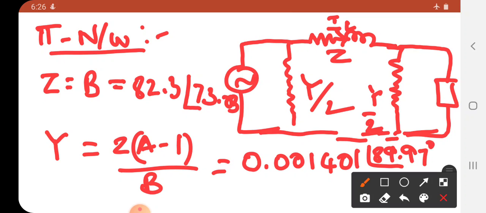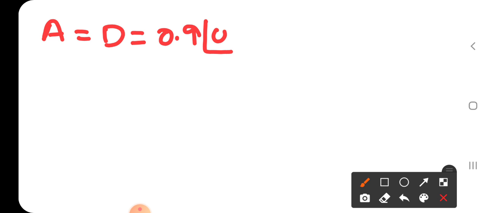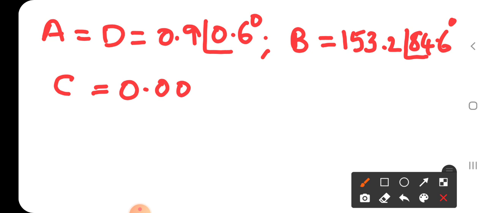Let's write one more problem. The ABCD constants of a long transmission line are A is equal to D is equal to 0.9 at an angle of 0.6 degrees, and B is equal to 153.2 at an angle of 84.6 degrees, and C is equal to 0.0012 at an angle of 90 degrees.